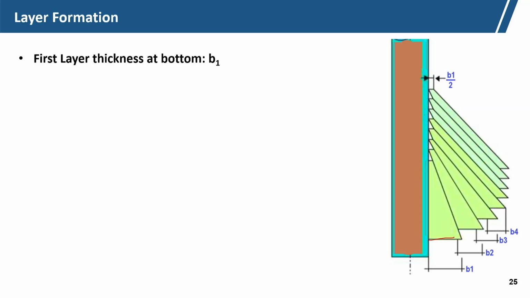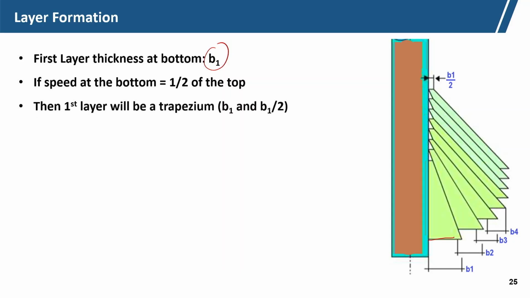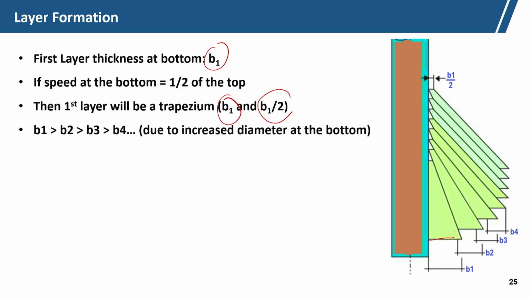So, the thickness at the tip will be half of B1, so B1 by 2. If the speed at the bottom is half of the top, then the first layer will have a trapezoid shape, B1 at the bottom and B1 by 2 at the tip. This is the trapezoid.